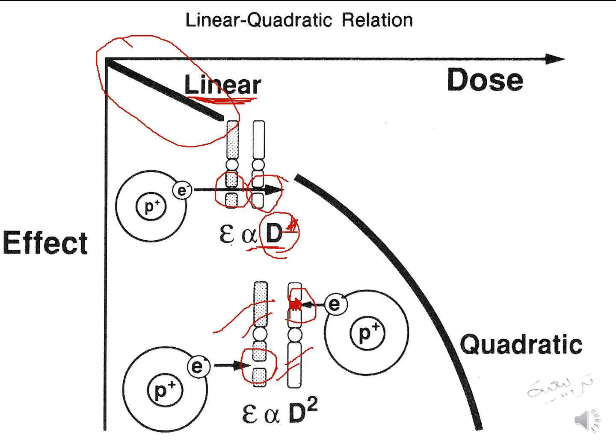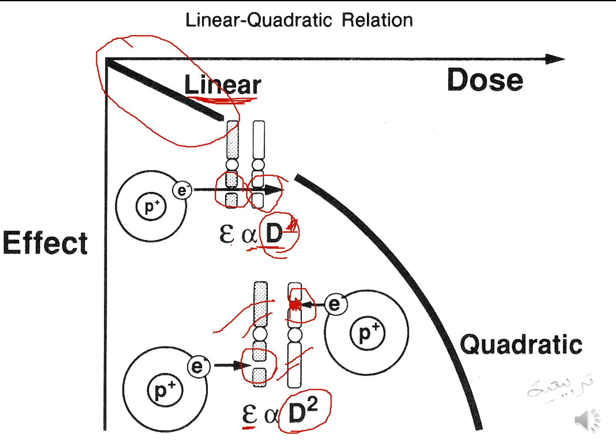In the second part of the curve, the effect of radiation is directly proportional to D squared, and this is very important. Please, it's D squared, not double the dose, which means that if I'm talking about 3 gray, I'm talking about 3 not times 2, but 3 squared, which means 9.